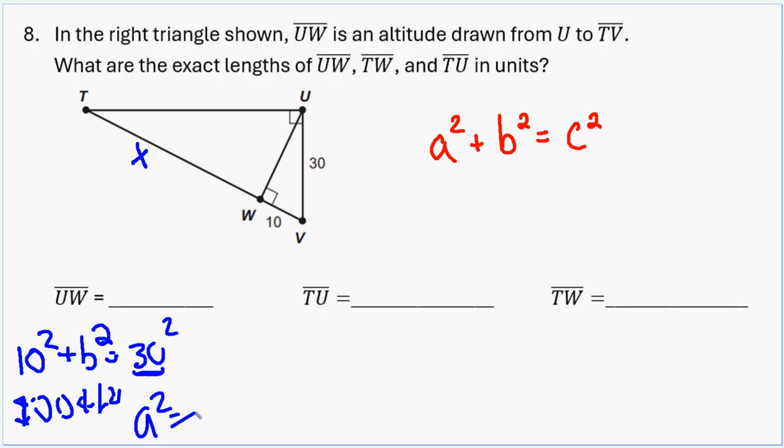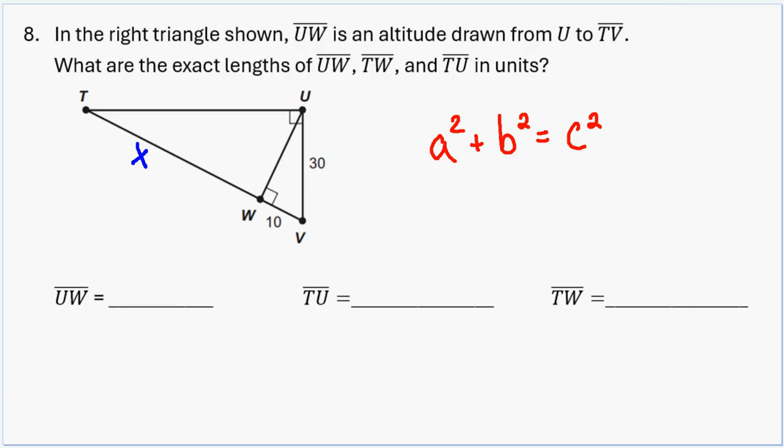And then we take the square root of that, and we get about 28.3. Let's make it 28.28, another decimal of accuracy. Okay, so we found that UW, and I'll keep it right here, 28.28. And I'm going to color it here in blue.